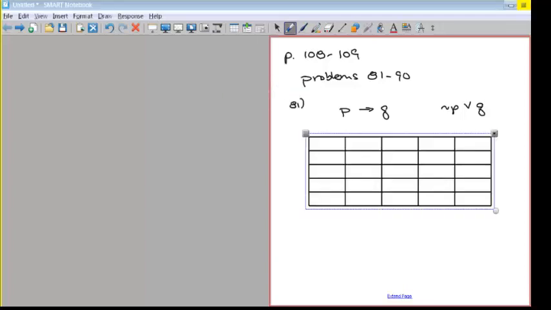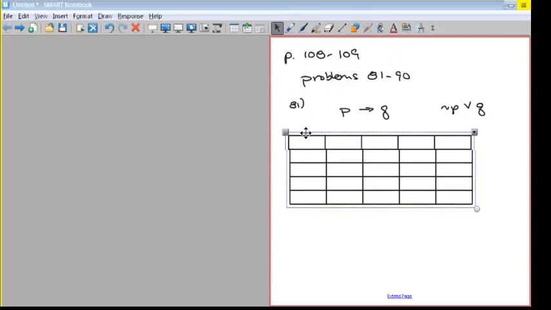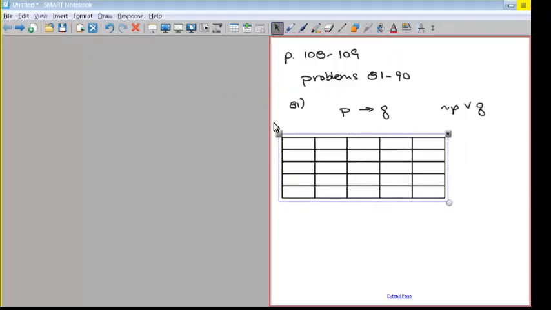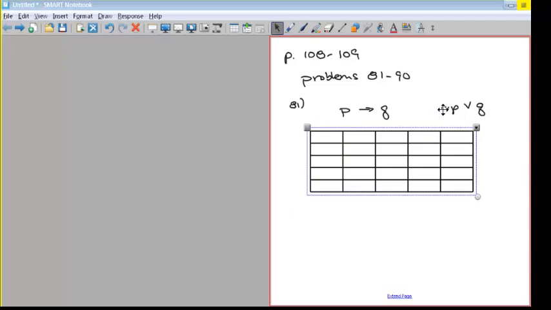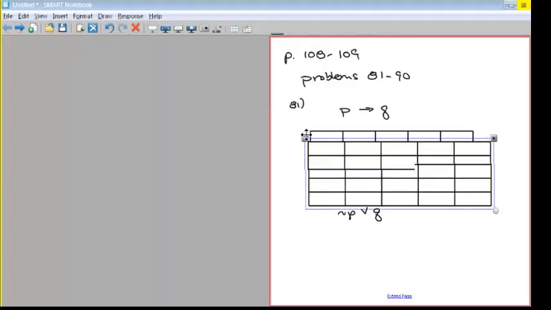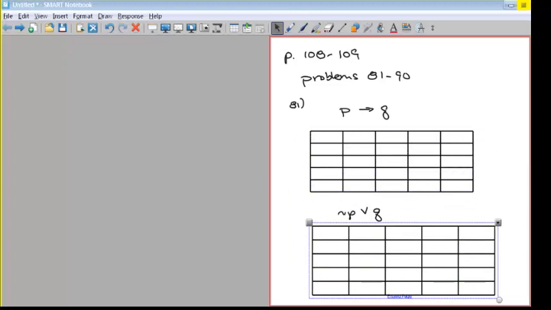You do that by filling out your truth table and then comparing the final answer. I think they're both the same size, 5 by 5.